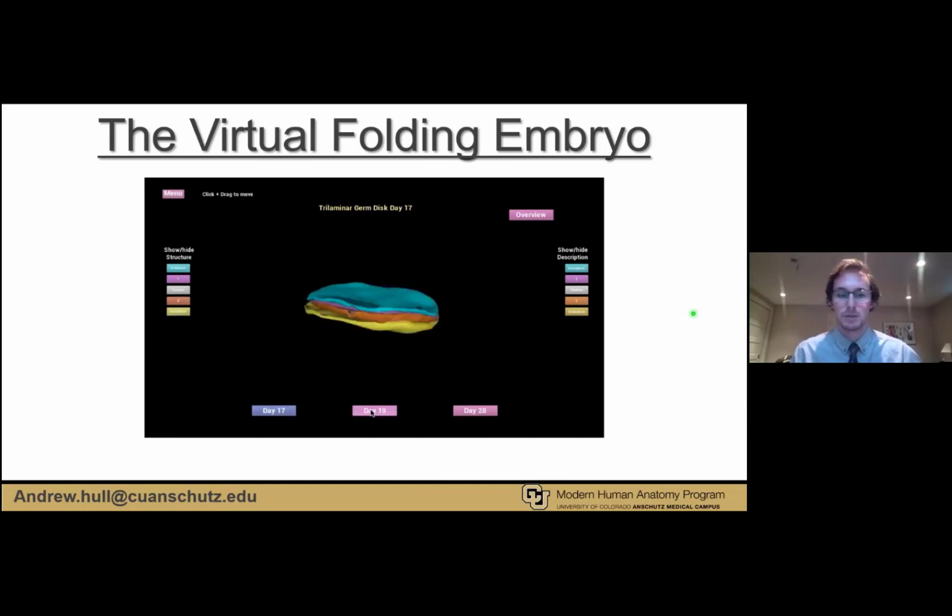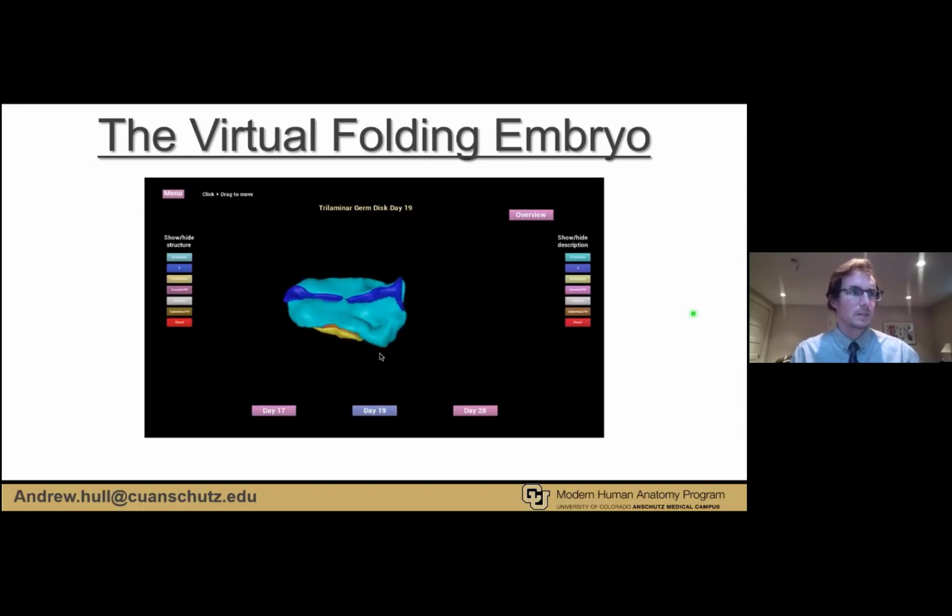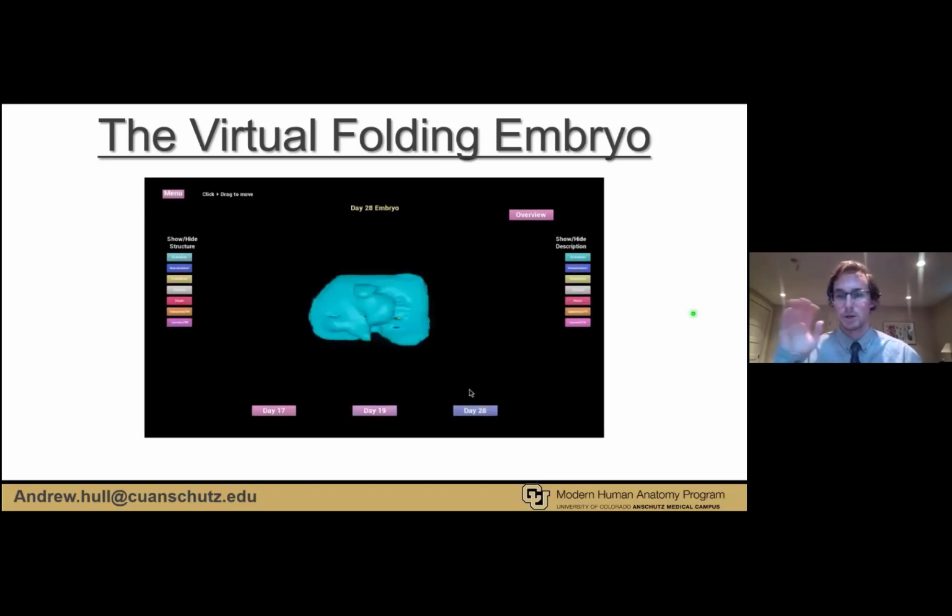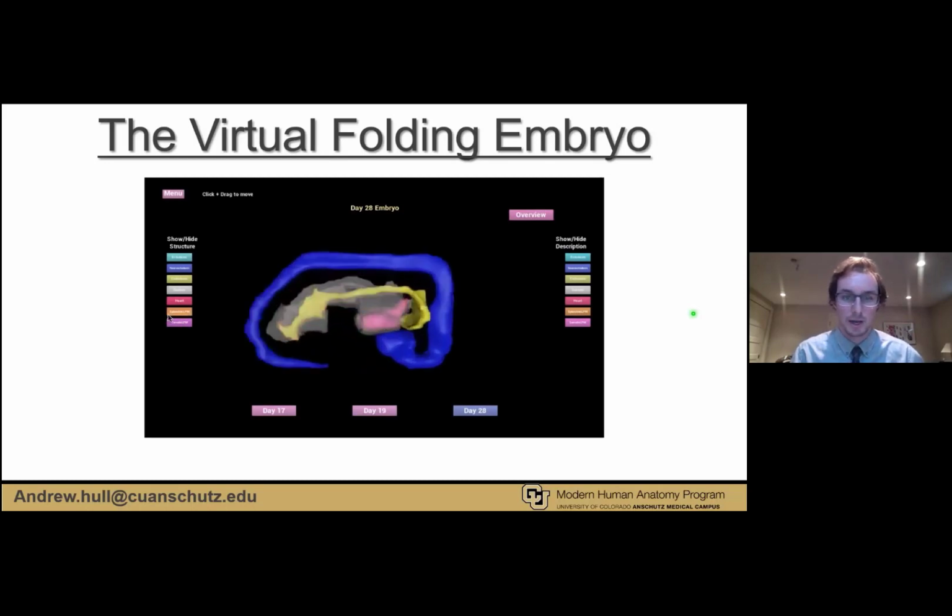And then as you progress to the day 19 model, some things have developed, and I'll show you can rotate and fly over and get different views of the model, and then you can bring up a short description from the buttons on the right, and each button corresponds with each of the different structures. The last model is showing that you can rotate all the way around and see the opposite side, as well as zoom in and see some of the underlying structures, and I'll show at the end. You can see the developing heart here at the end.